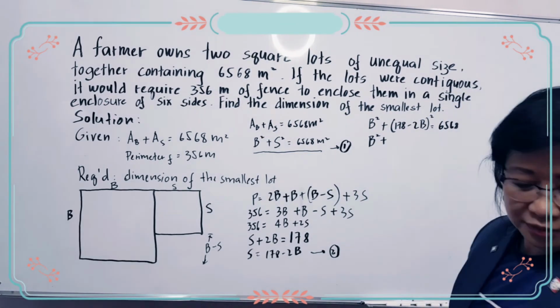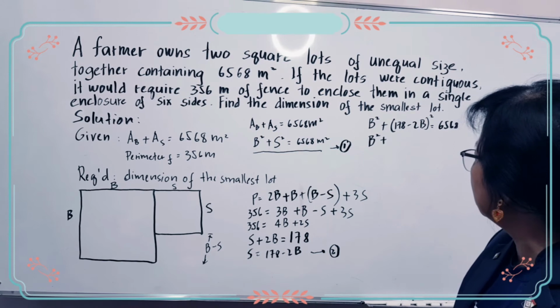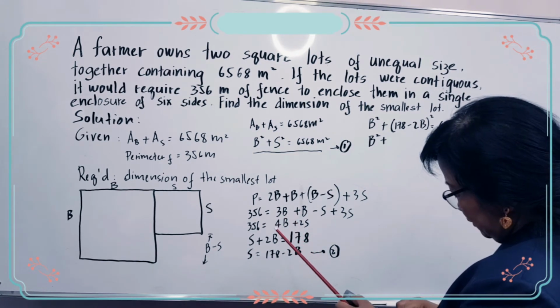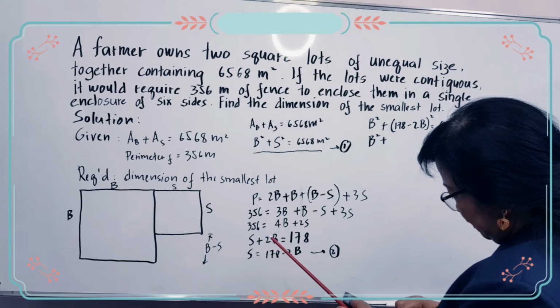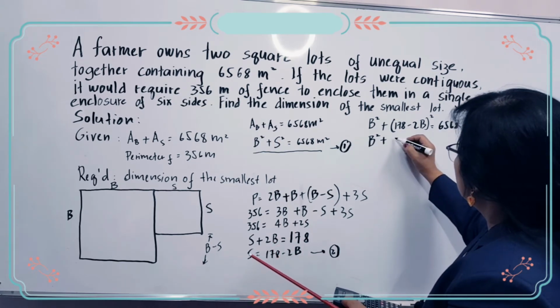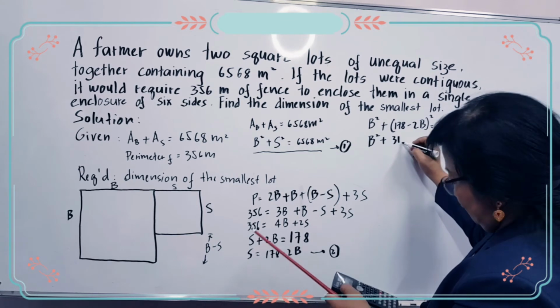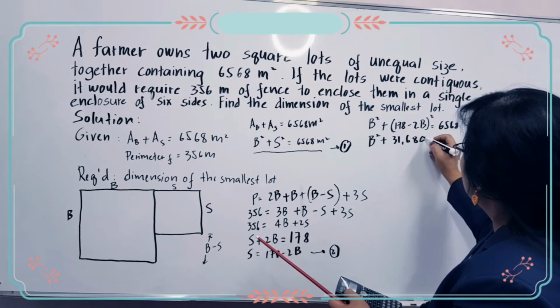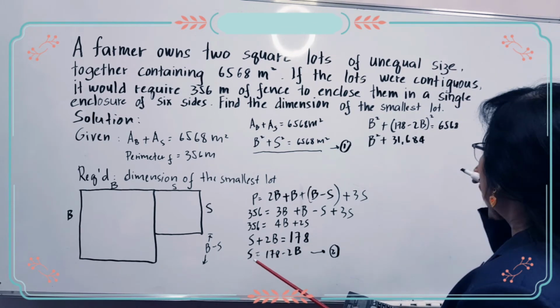So, to simplify this one, of course, we have to use the calculator again. 178 squared, 178 times 178, is 31,684.